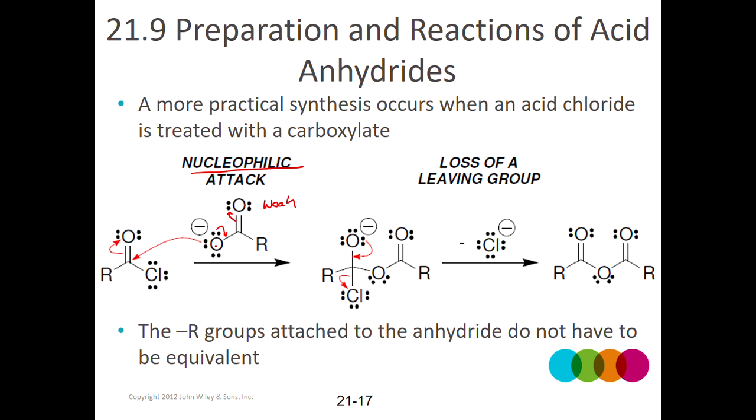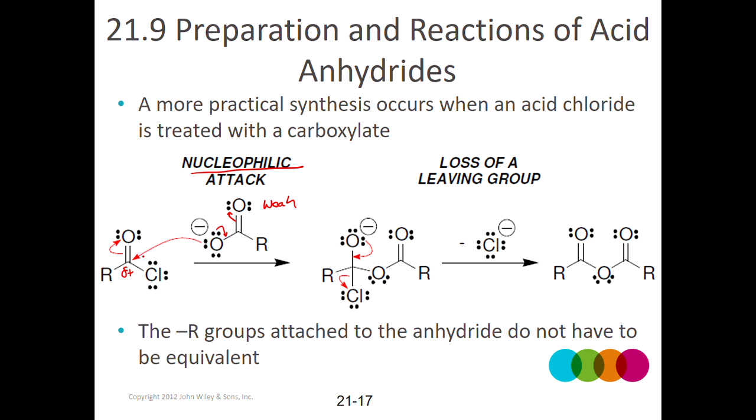It's not really that much negative, and so it's not really that unstable, right? So it starts relatively low in energy, but that's why we're using the acid chloride, because it has so much partial positive, and it's so unsterically hindered. It's relatively high in energy, so it doesn't take much energy to get this to collide.